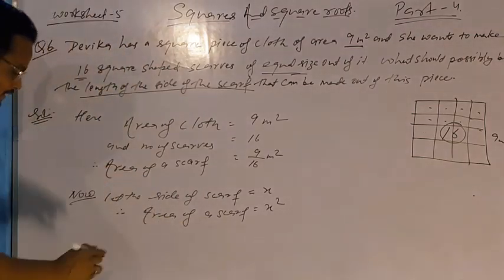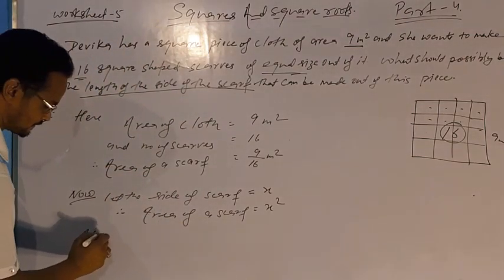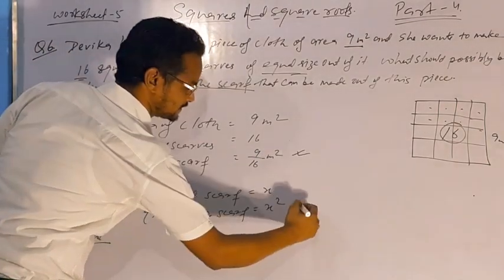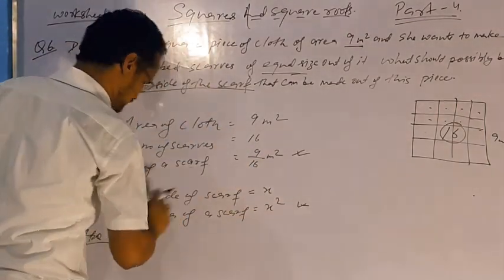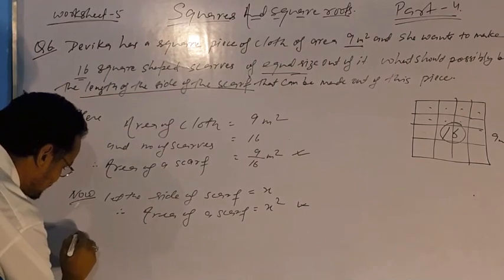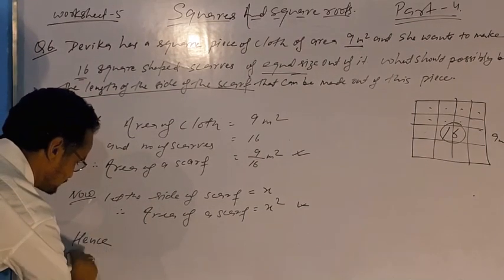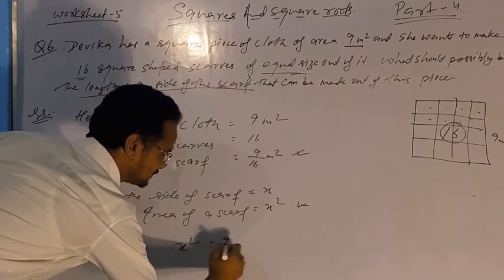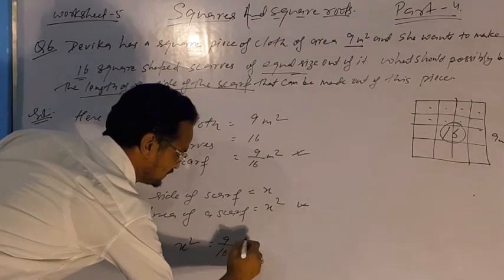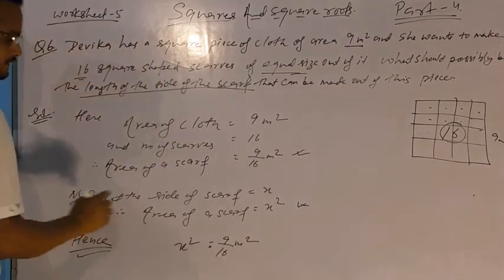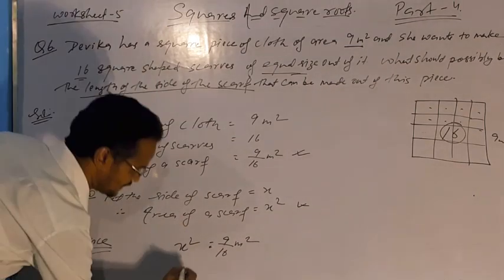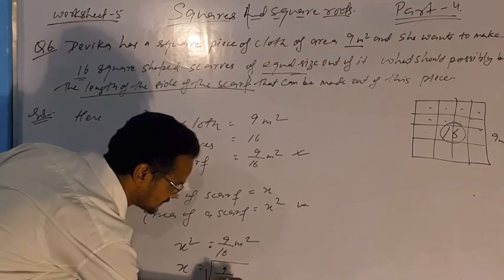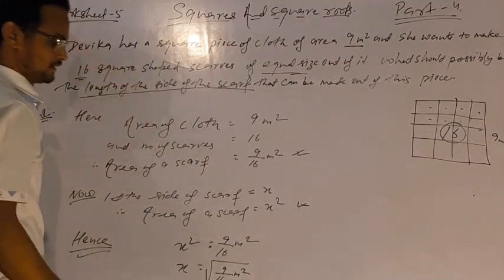Is it clear? Now, according to the question, we know that this area of the scarf will be equal. So we can write that hence x square is equal to 9 by 16 meter square. We will solve it here that x is equal to square root of 9 by 16 meter square.